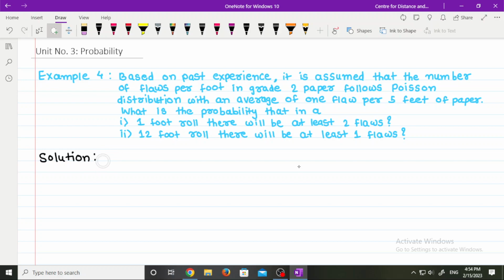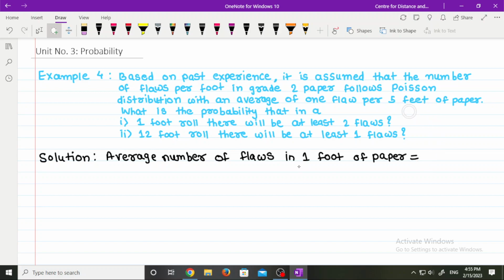So, for this we calculate the average number of flaws in 1 foot of paper, which is equal to, here there are 5 feet of paper. So, we get the average number of flaws in 1 foot of paper is 1 by 5, which is equal to 0.2, that is m is equal to 0.2.